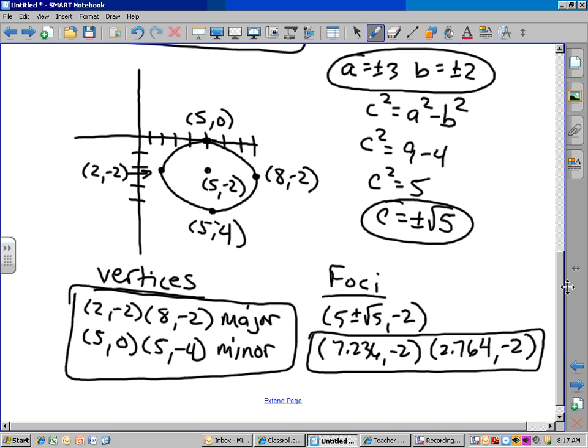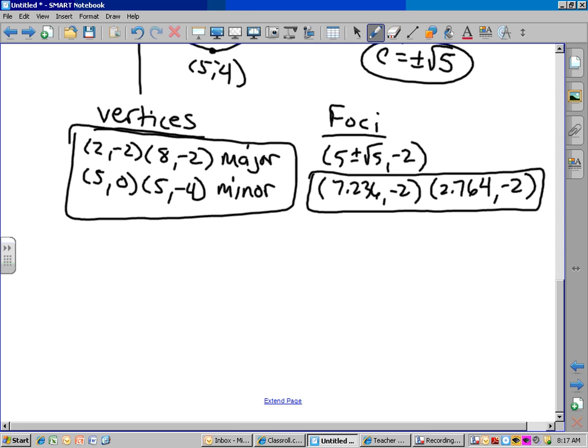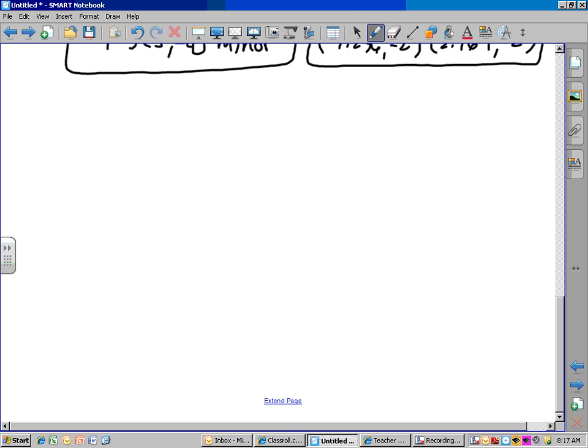All right. One vocabulary word I just want to introduce to you. They may describe this in homework tonight. I'll make sure I spell it right. Eccentricity of the ellipse, or a hyperbola or a parabola, I believe they each have their own.